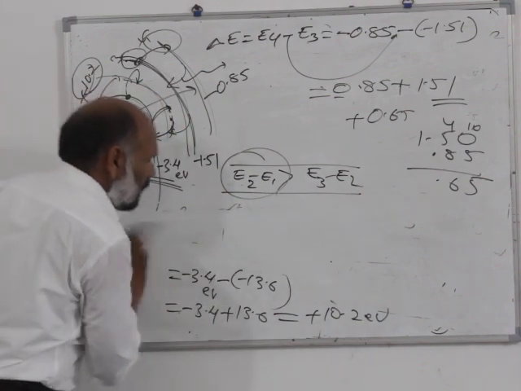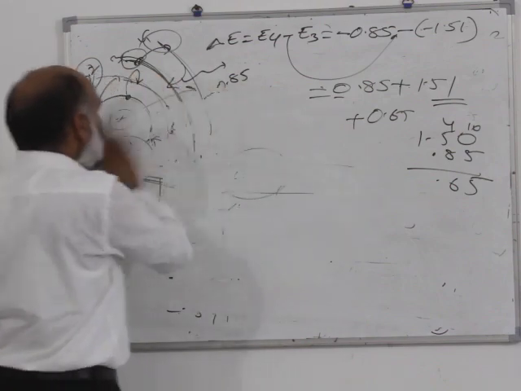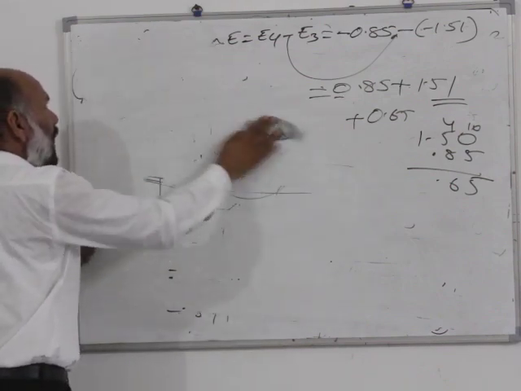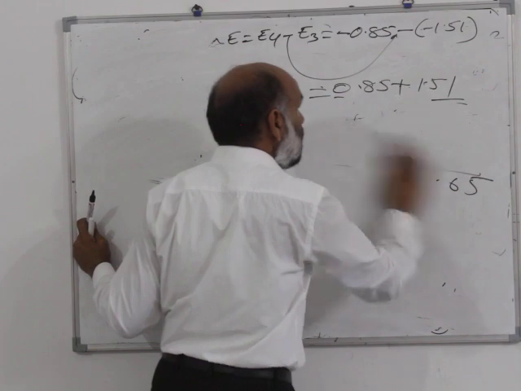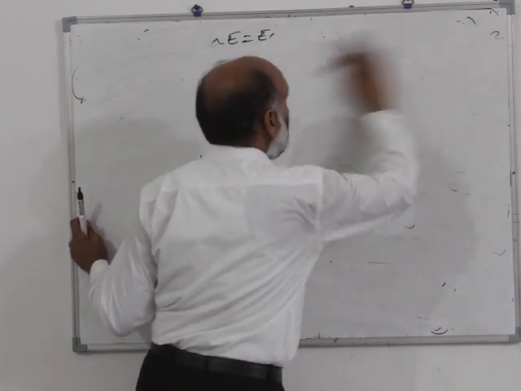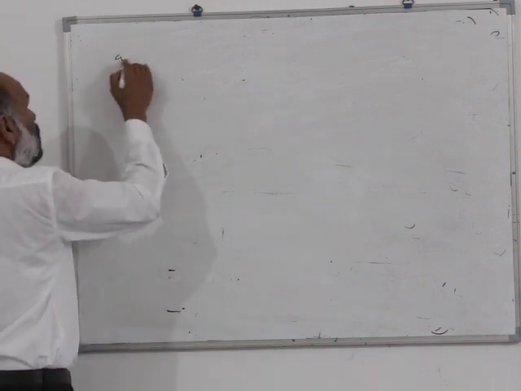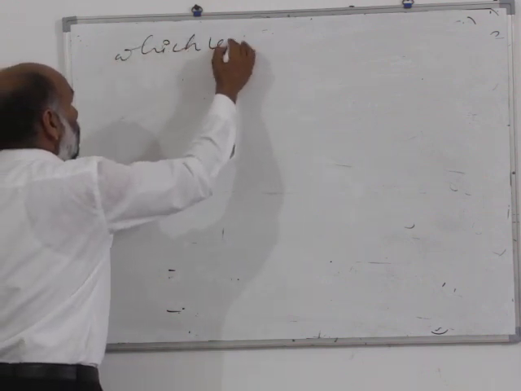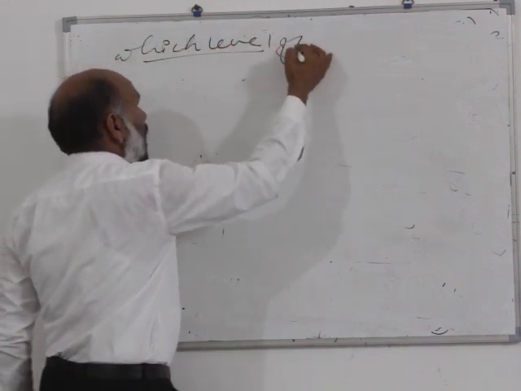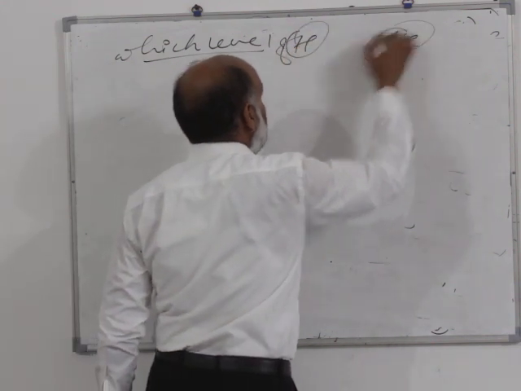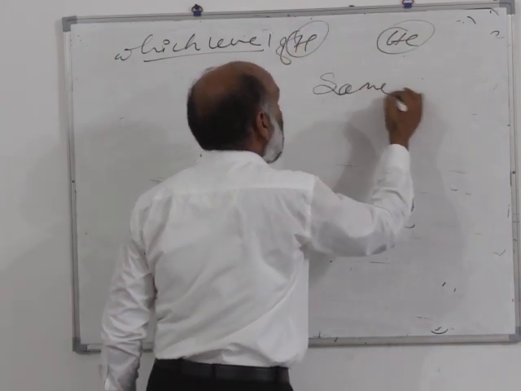Let us compare the energy levels of hydrogen with that of helium. Sometimes the question asks, which level of hydrogen and helium atom will have the same amount of energy?